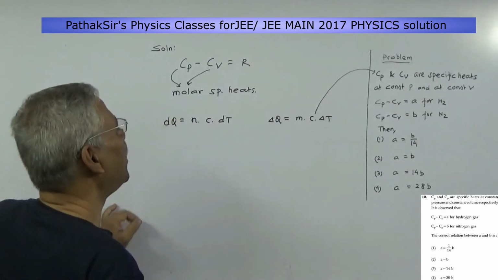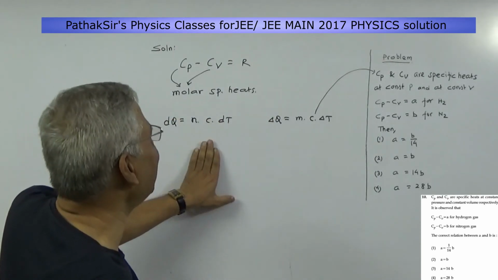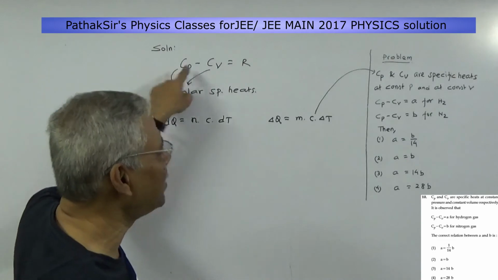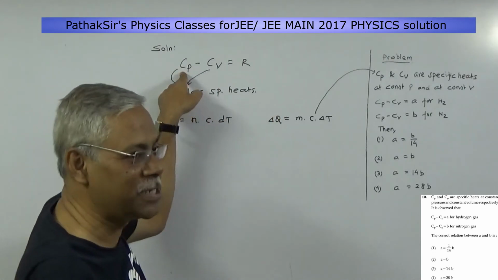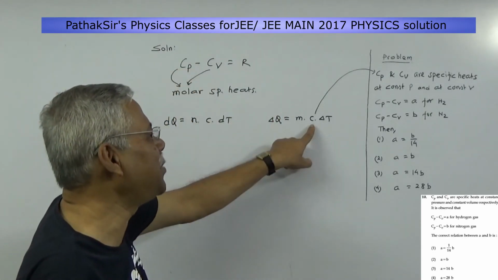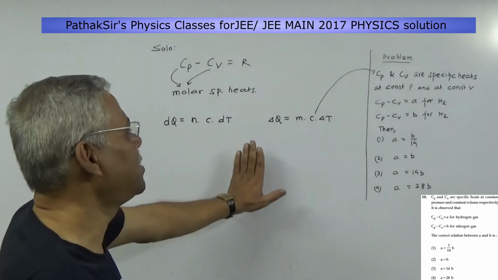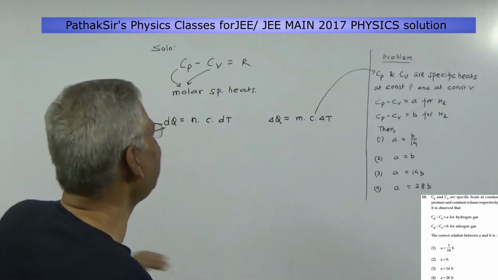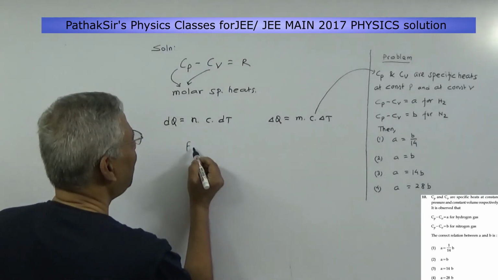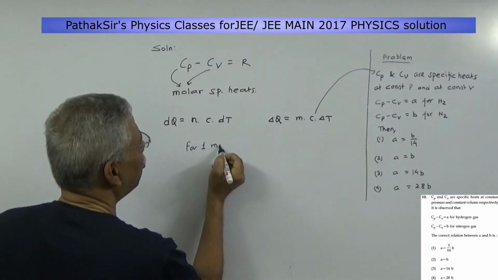Okay, so in order to know the relation between molar specific heat, that means per mole, and specific heat per kg. Just if you forget in example, just consider this case for 1 mole of oxygen.